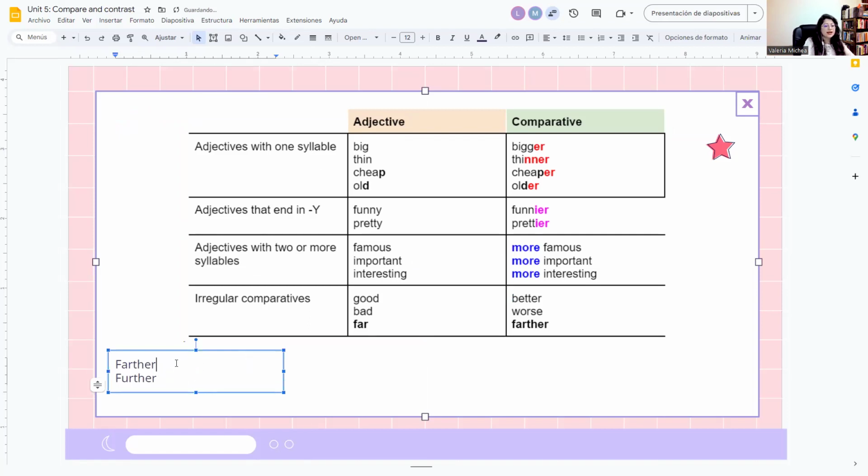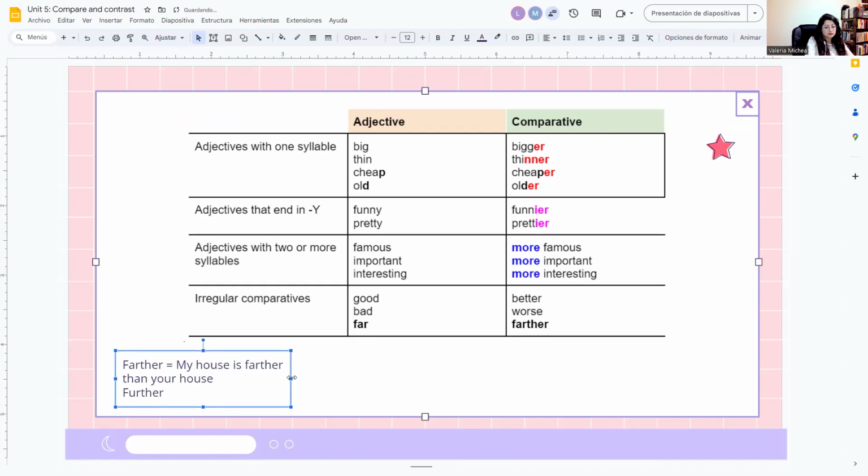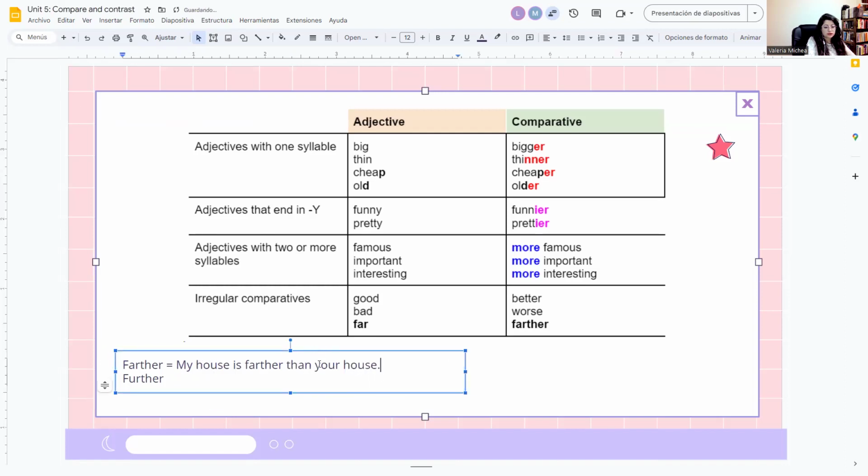All right, so I said, let me copy the same example. My house is farther than your house. Farther, talking about, again, a physical distance. So farther from university than your house.